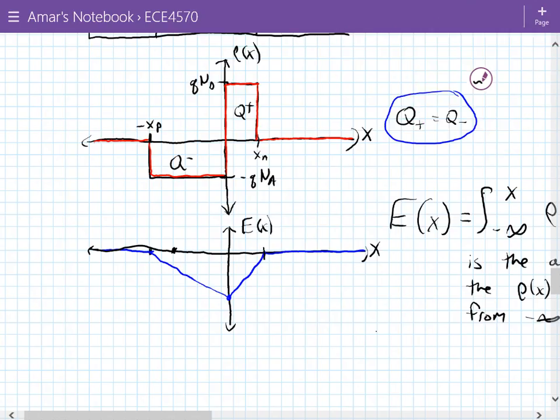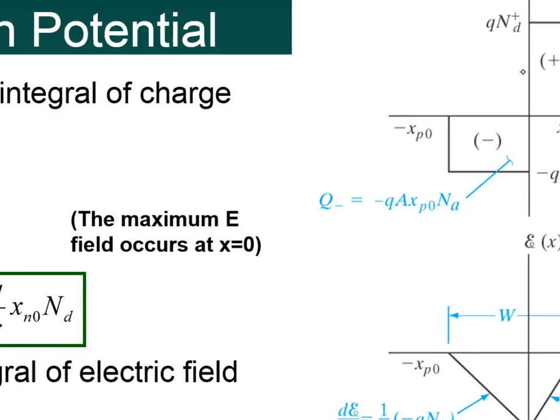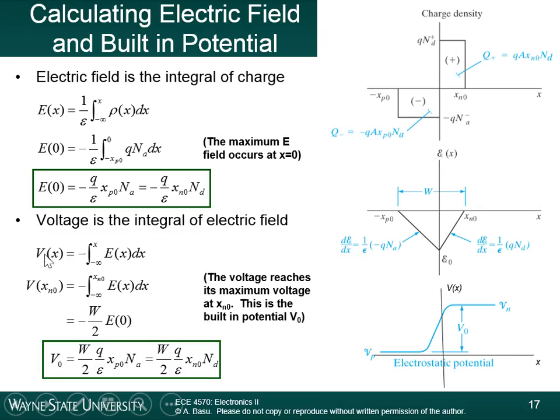So this is x sub n, and this is negative x sub p. All right, so we have a plot for the electric field right now. This maximum value, just shown on the chart here, the maximum electric field occurs at E of 0.